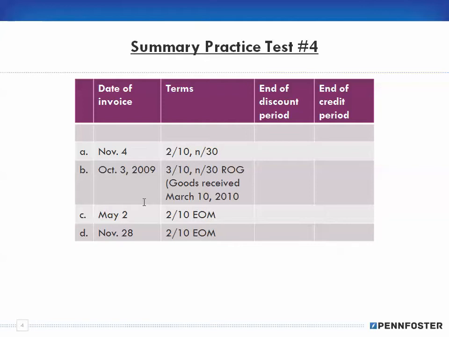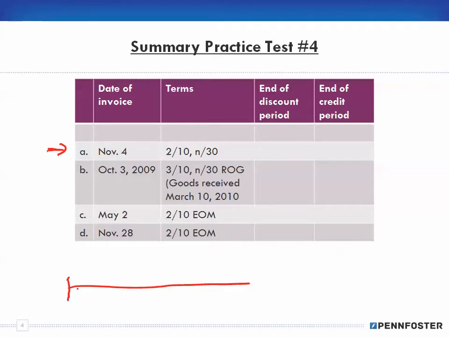Okay, let's see here, number 4. This is looking at the date of invoices and the terms, and it wants us to figure out the end of the discount period and the end of the credit period. So letter A here is the ordinary dating method. And remember, if you need to, draw yourself a timeline.